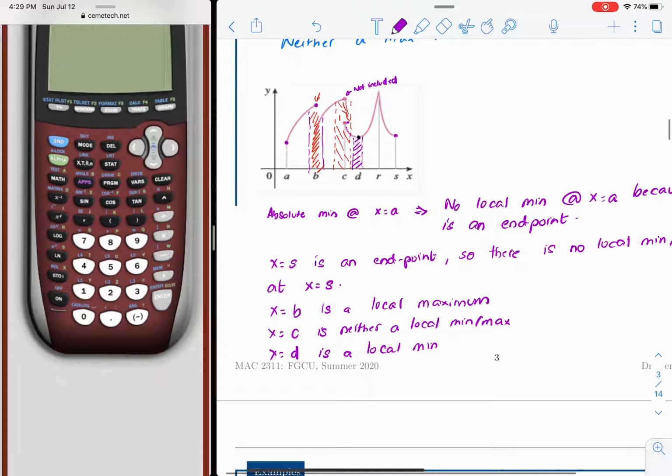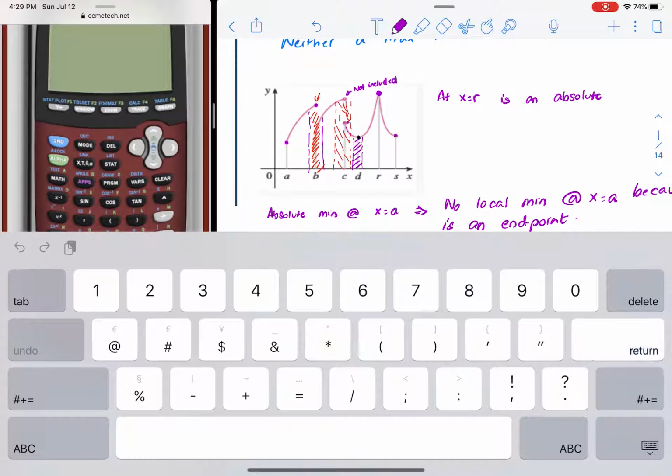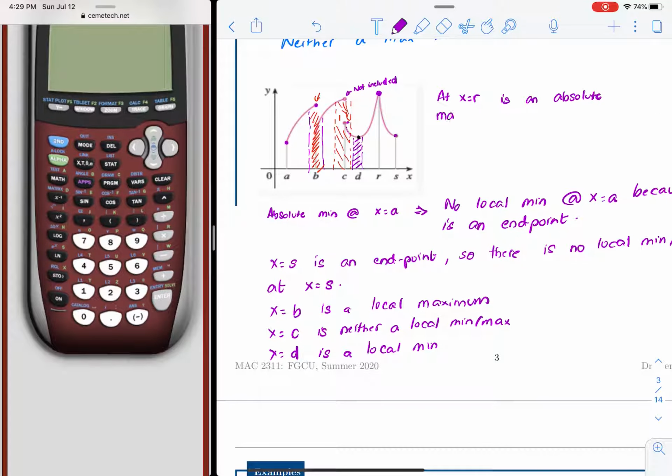And lastly, we have a point right here, and that point at x is equal to r is an absolute maximum. Now, is it a local maximum also? Yes.